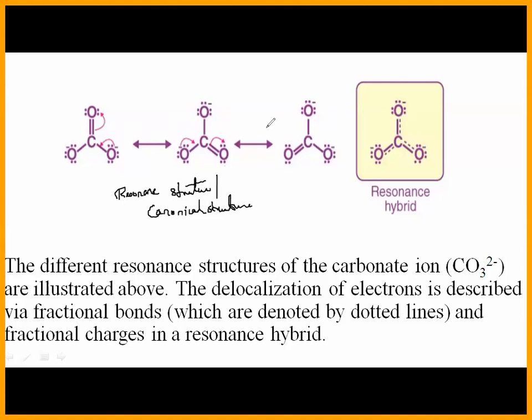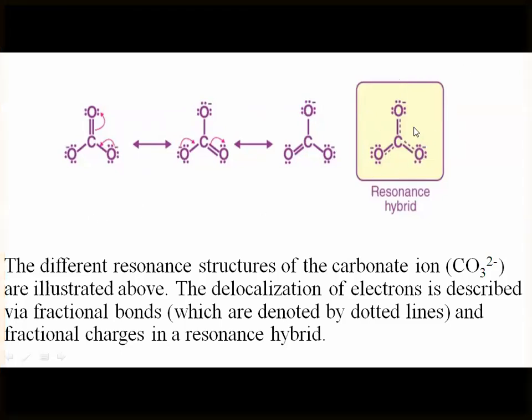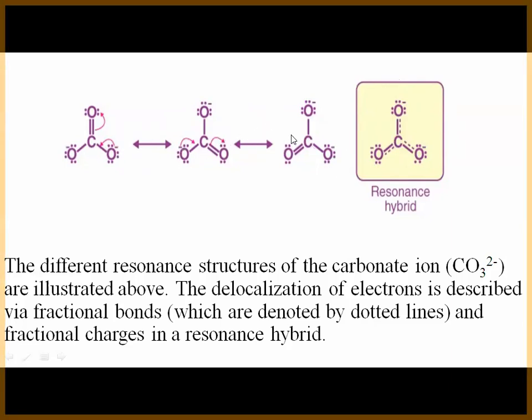And the actual structure lies in between all of these, and that is nothing but the resonance hybrid. And how do you find resonance energy? The energy of the resonance hybrid minus the energy of the most stable resonance structure.